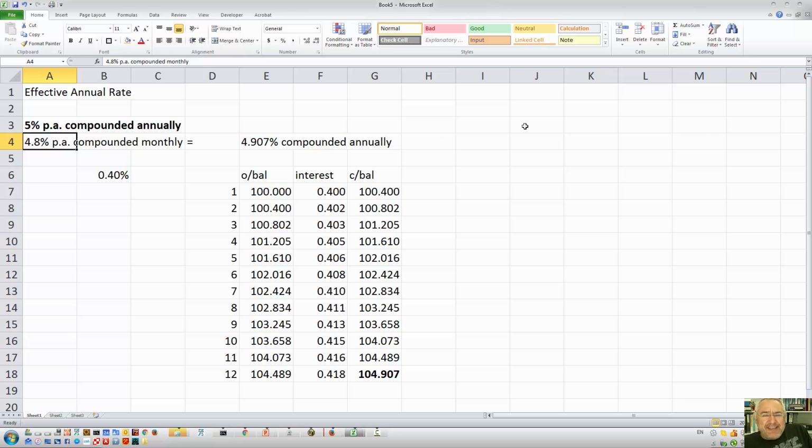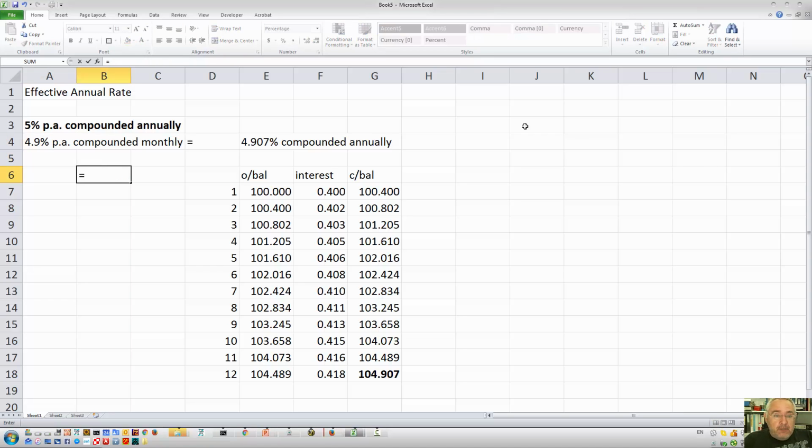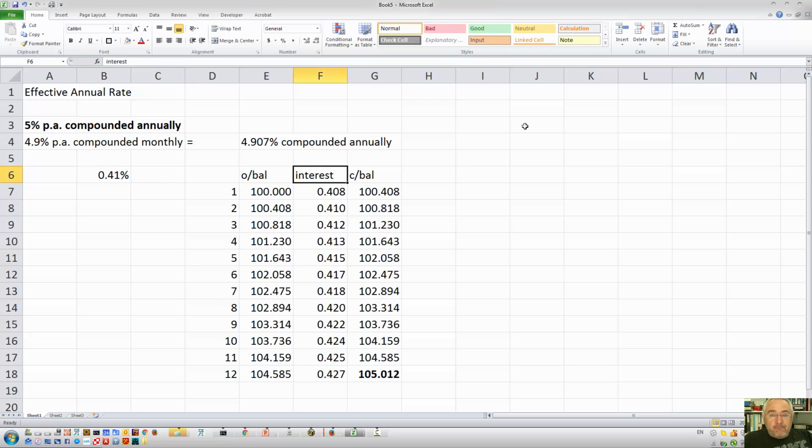You know what? Let's actually see what 4.9 per annum compounded monthly would be. If I put 4.9 there, this would be 0.049 divided by 12. Wow, look, it's all followed through here. So if it was 4.9% per annum compounded monthly, I'd end up with $105.012.